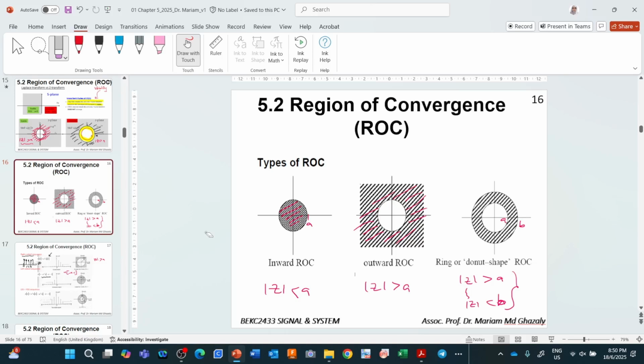We need to take the region where the two regions overlap. So when you plot the region of convergence, it looks like a ring type or donut type. You can identify a donut type when you have one condition of more than and one of less than.